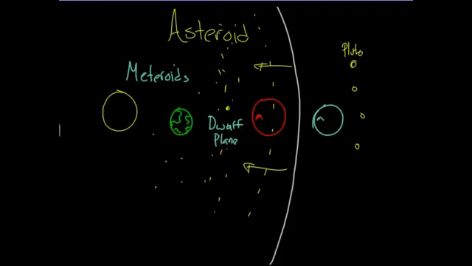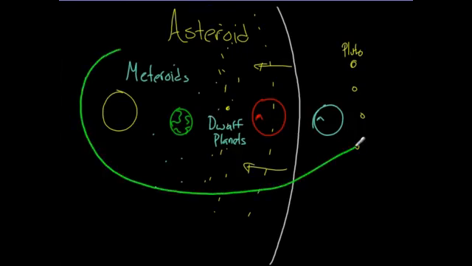And sometimes those trans-Neptunian objects, those objects past Neptune, will get dislodged and come in towards the inner solar system. And when they do, they make this nice long orbit around the sun, coming way back out past Neptune at the end.